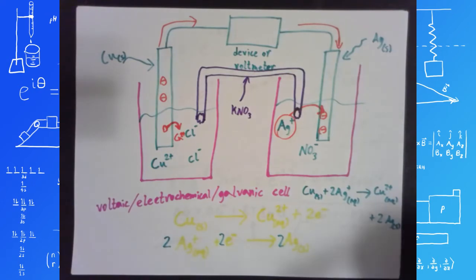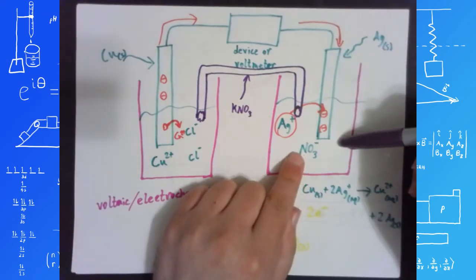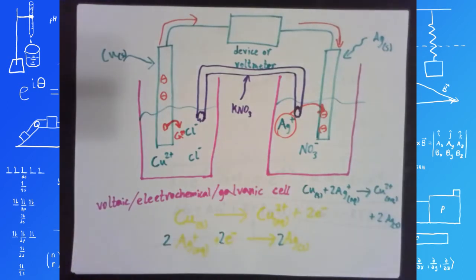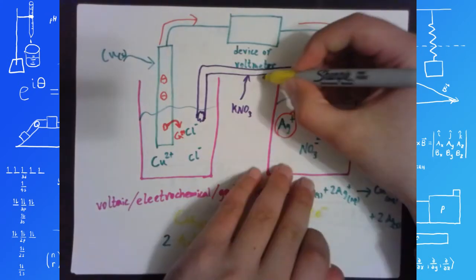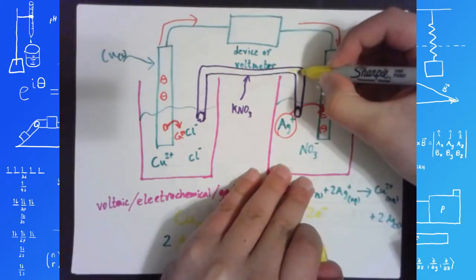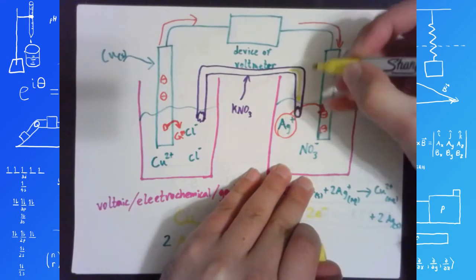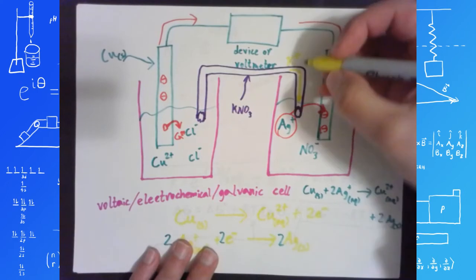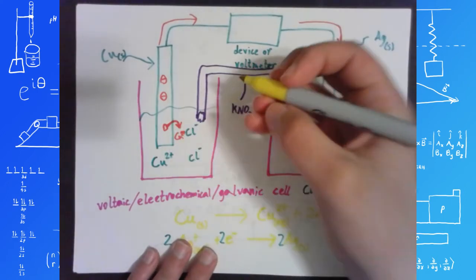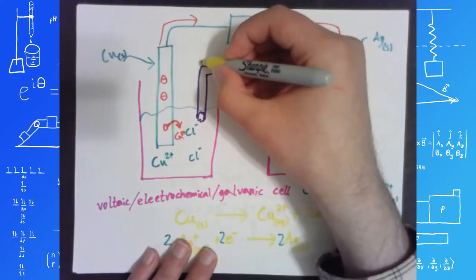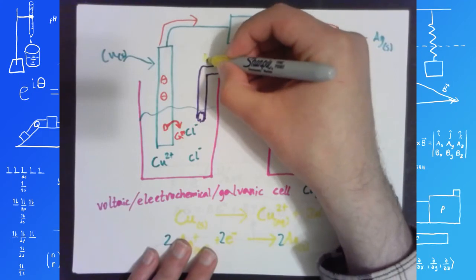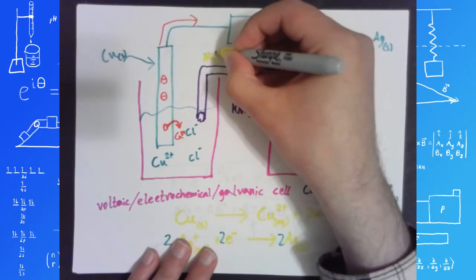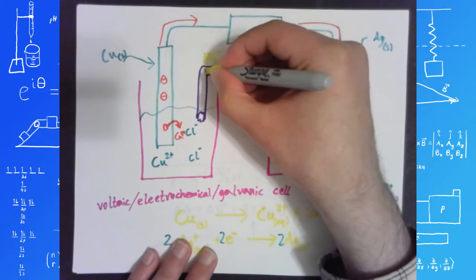And what'll happen is if a negative charge starts developing here, potassium ions will get pulled out of the salt bridge and they'll move into the solution. So potassium ions will start migrating here. And over here, if this solution starts getting too positively charged, then nitrate ions will start flowing this way.